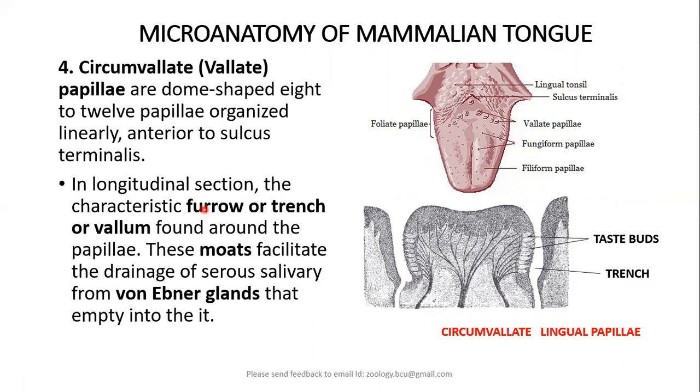The fourth type of papillae are the circumvallate papillae. So these papillae are the large papillae. Each papilla is dome shaped, and the number of these papillae is also few. There will be around 8 to 12 in number, but they are arranged linearly anterior to the sulcus terminalis.